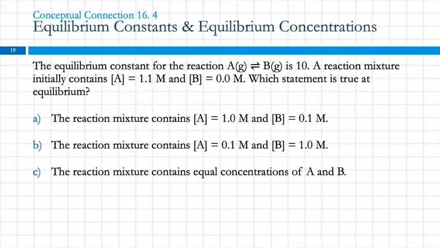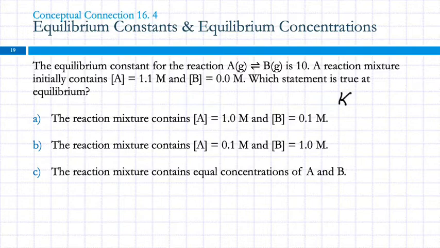Here's another conceptual question. The equilibrium constant for this reaction A to B is 10. A reaction mixture initially contains A equals 1.1 molar and B equals 0. Which statement is true at equilibrium? Well, if we're doing the equilibrium constant expression for this, we don't have any coefficients here, so we don't have exponents, right?